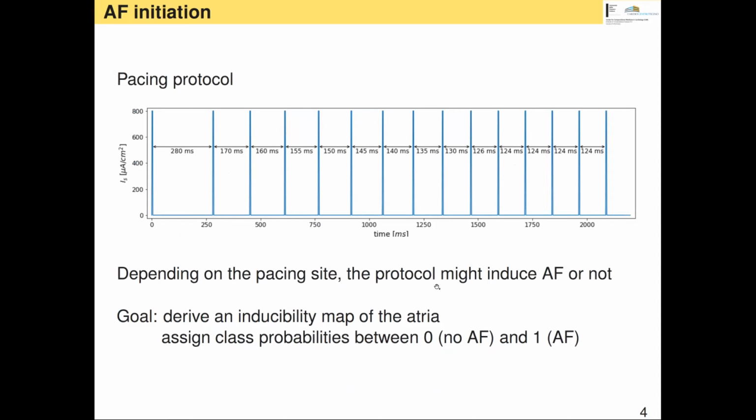So our goal is to determine the regions that induce atrial fibrillation. In other words, we want to derive an inducibility map of the atria. This is a classification problem in which we want to assign class probabilities between 0 and 1, where 0 means that atrial fibrillation is not inducible, and 1 means that atrial fibrillation is inducible.